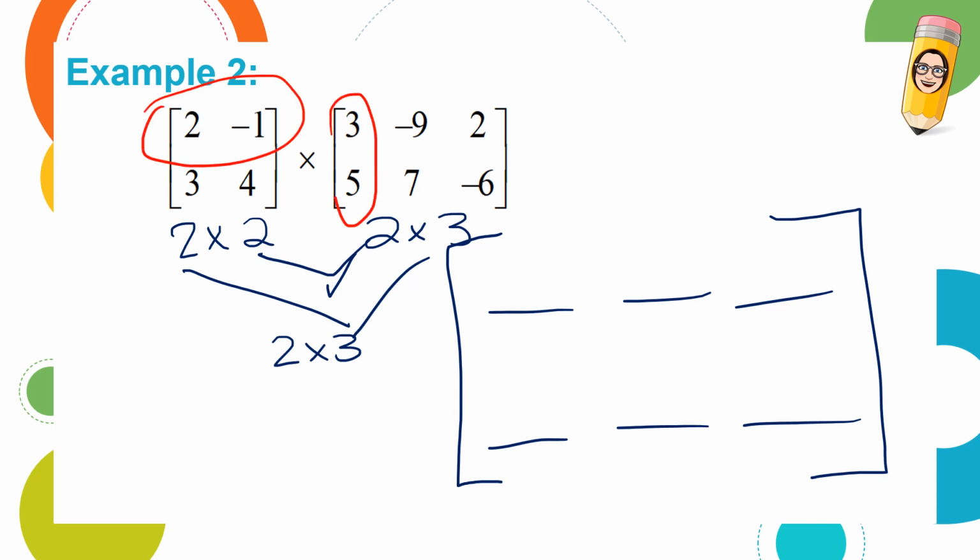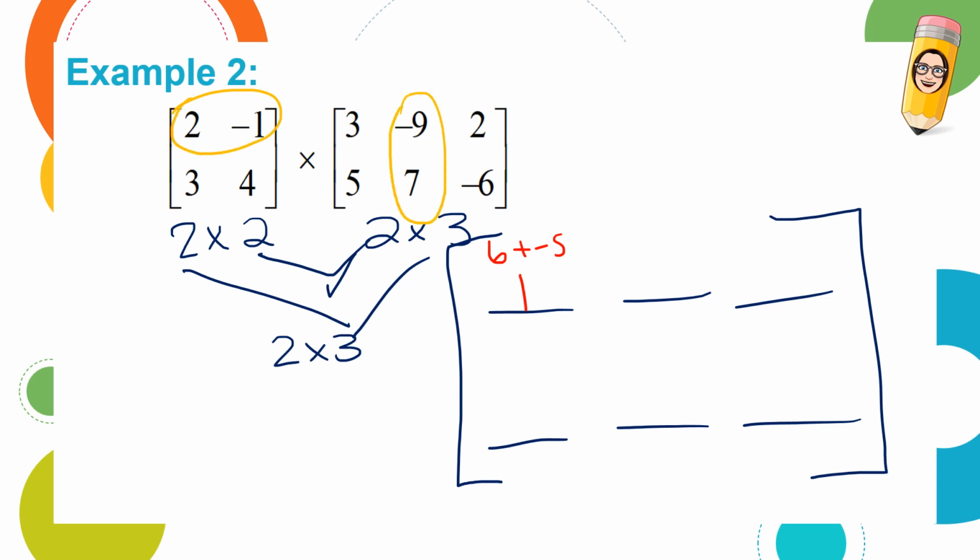Top left. 2 times 3, negative 1 times 5. That gets me a positive 1. Let's try the next one. Top middle. 2 times negative 9, negative 1 times 7.